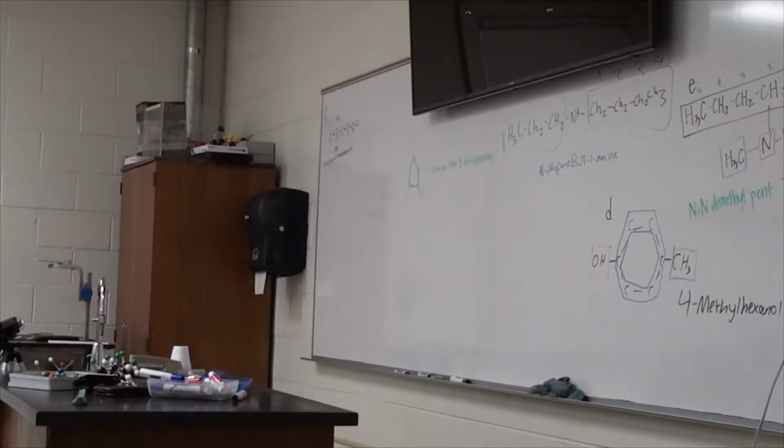The numbering is chosen based not on the functional groups this time because you have a tie. It would be 1, 3 this way and 1, 3 this way. So because it's an exact tie for the functional groups, now you have to look at the substituent, and that's why you end up with this numbering system here. That's fine with the methyl group.